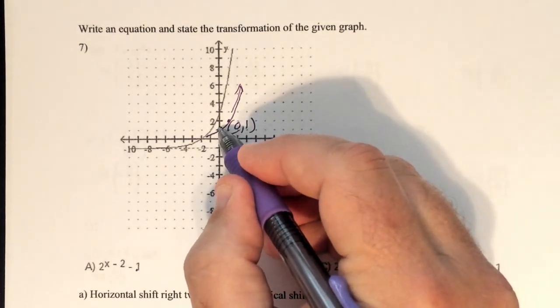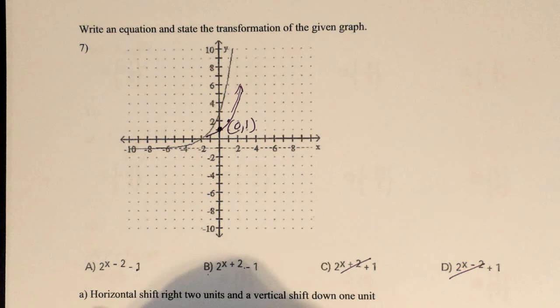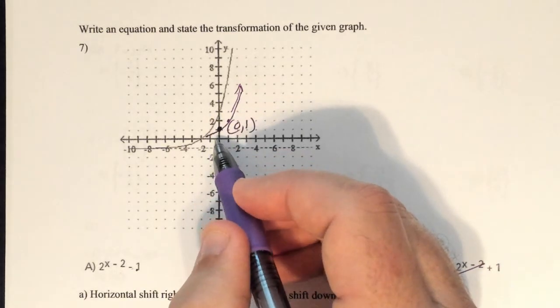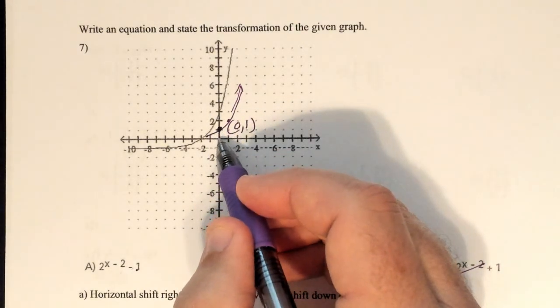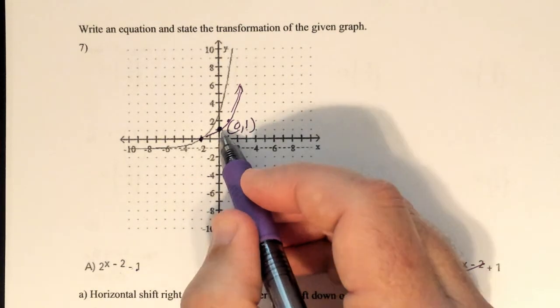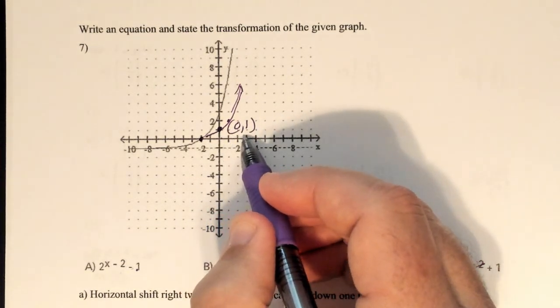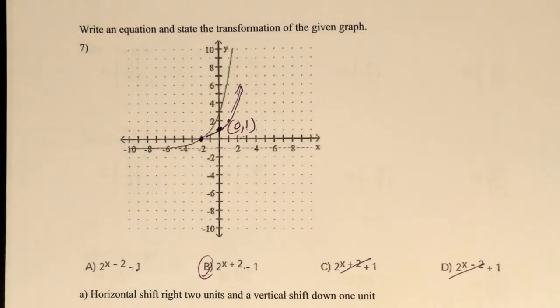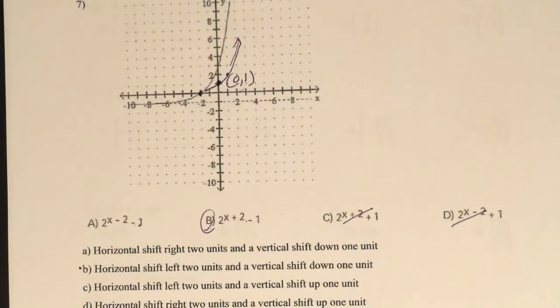So it's either going to go right 2 or left 2. We already know it went down 1, and then it goes left 2 right here, because if I go down 1 and right 2, I'd go over here. The graph would be all over here. Which means this has to be my answer from my equation, which, left 2, down 1, would be my transformations.